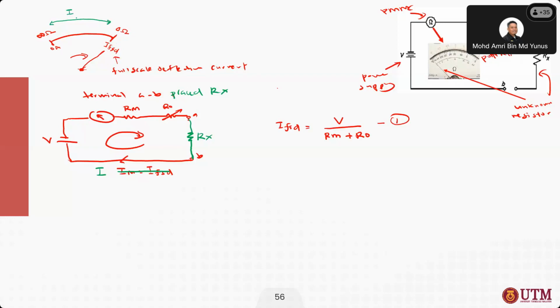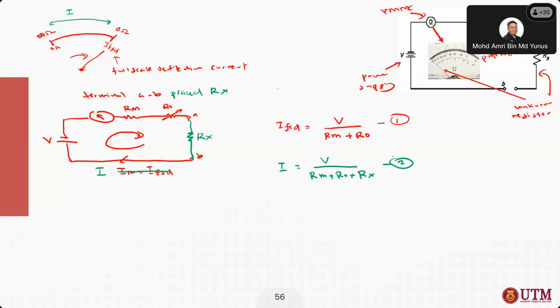So I will deflect above 0 ampere and just below IFSD. Then if we find the current equation, we get I equivalent to V over Rm plus Ro plus Rx.